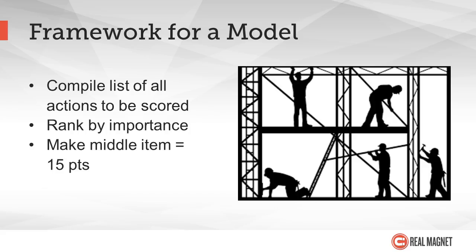Rank them in importance all the way from top to bottom and get them all in one list, and then take the middle item and give it a score. I chose 15 for the purposes of our exercise today. It's a random number, but you just need to be able to have scores that will go above that and scores that will go below that. So just get them all listed out, rank them, go to the middle, give it a score, and just start from there.